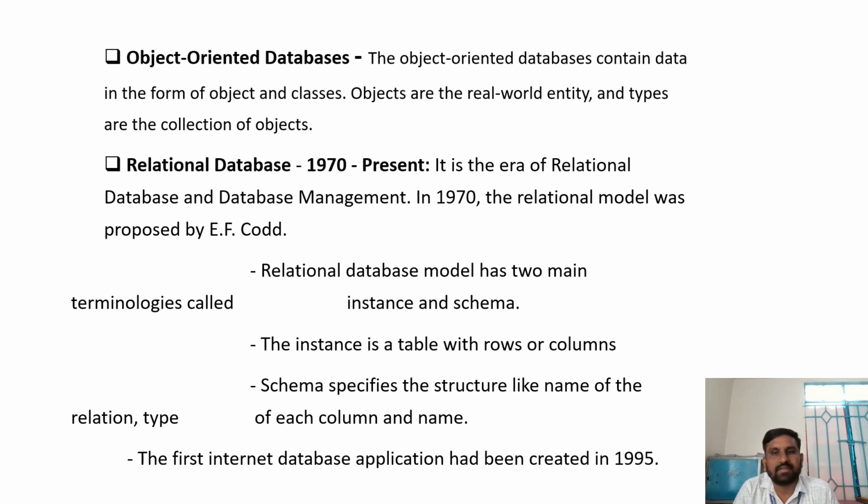In 1970, the relational model was proposed by E.F. Codd. The relational database model has two main terminologies called instance and schema. The instance is a table with rows and columns. Schema specifies the structure, like the name of the relation, and the type and name of each column. The first internet database application had been created in 1995.